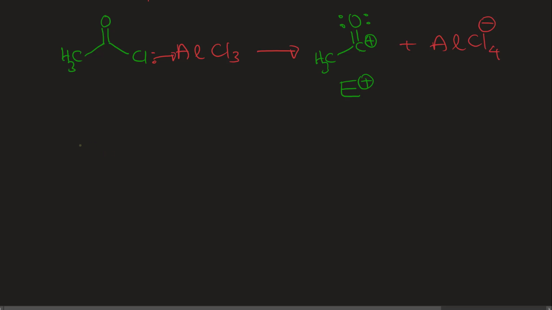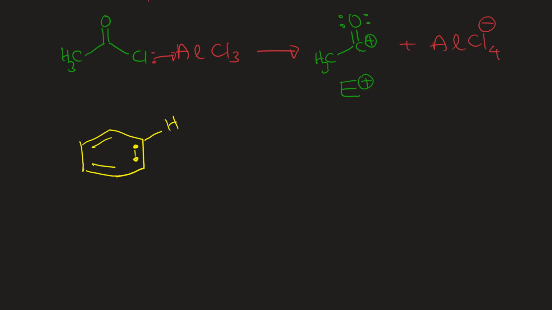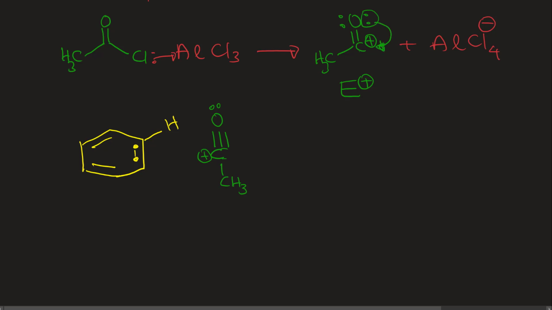Let's put in the benzene ring. I'm highlighting the two dots for the nucleophile, and I'm highlighting the hydrogen which will be replaced, right? Now you get this one. How do we get this triple bond O positive on the carbon? Because carbon prefers the positive charge more than oxygen, right? So it's 180 degrees.